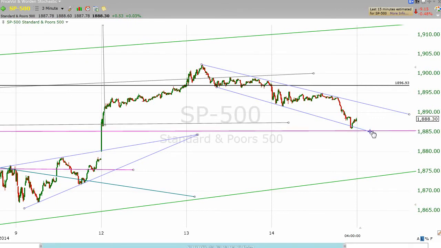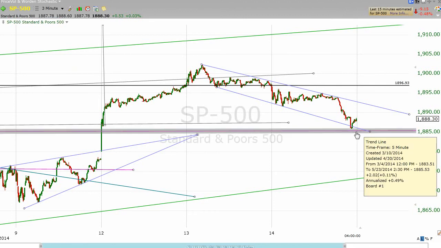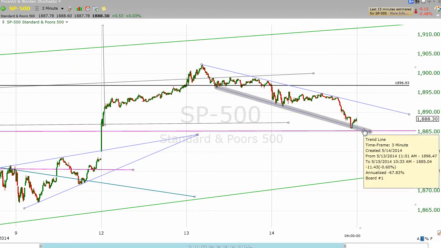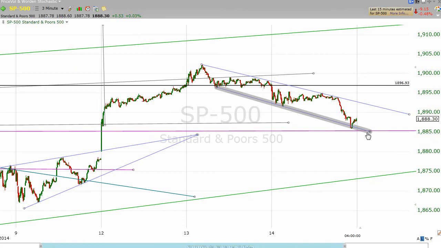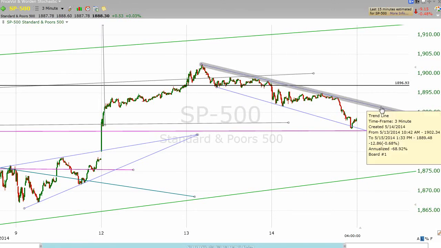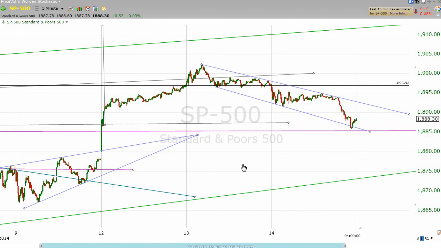So let's see if we get continued support and a bounce tomorrow, and if we do, let's see if we can get over this top line, which I think is fairly well established with 1, 2, 3, 4, 5, 6 touches.